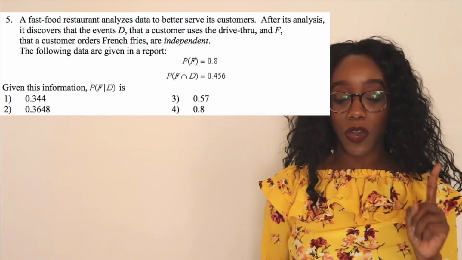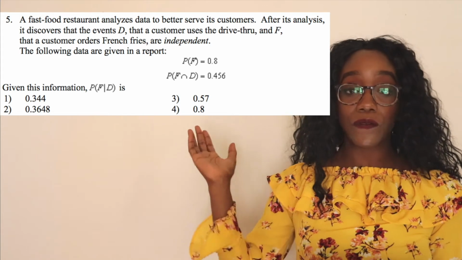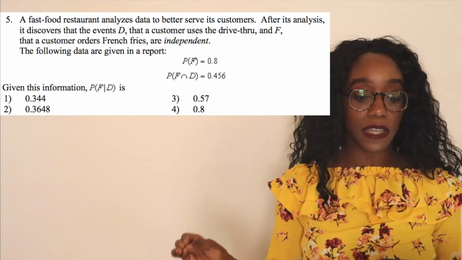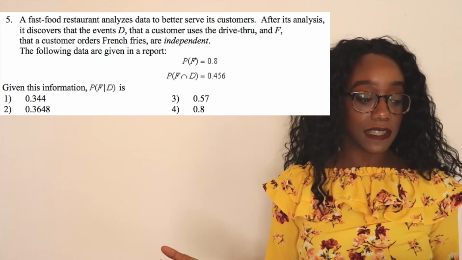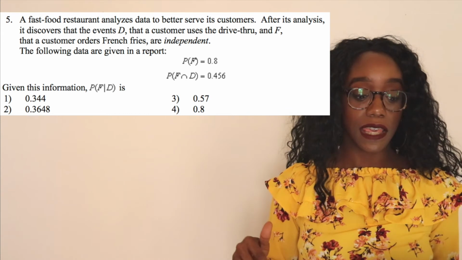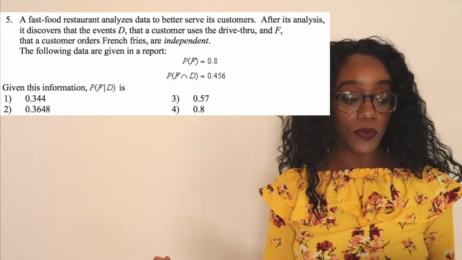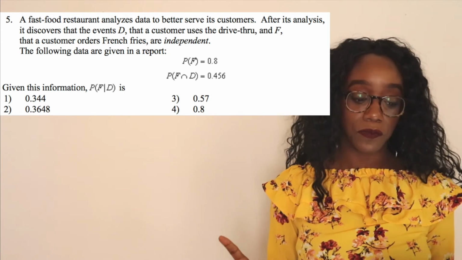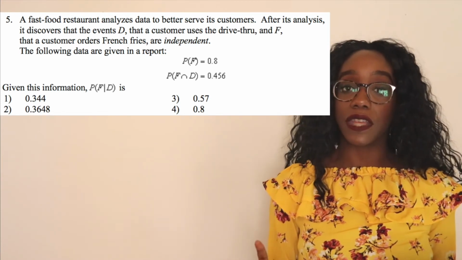Alright, you guys, so we have one more question. A fast food restaurant analyzes data to better serve its customers. After its analysis, it discovers that the event D, that a customer uses the drive-thru, and F, that a customer orders French fries, are independent. The following data are given in the report.